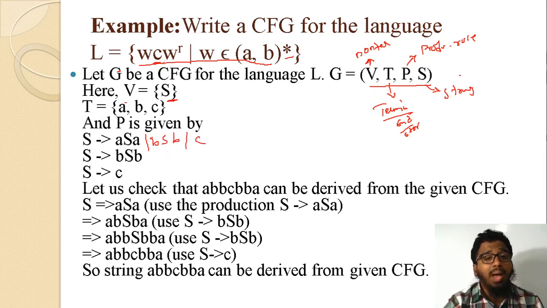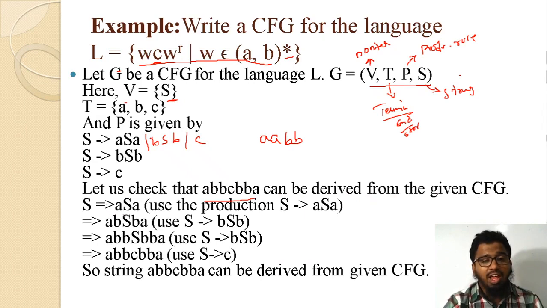This is a palindrome. Palindrome means A, B, B. For this equation, what we will get? A, B, B. Okay. So here, let's you check this equation can be derived from the given CFG.